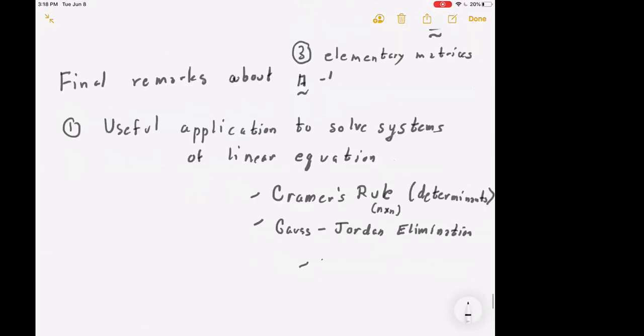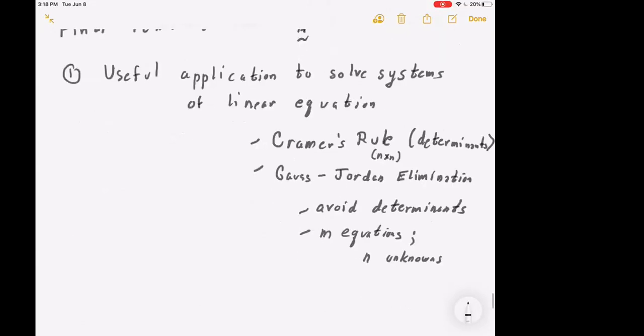Gauss-Jordan elimination has 2 saving graces. It allows you to avoid determinants, and it also works for systems where you have m equations but n unknowns. And that's a set of problems that you couldn't possibly solve using Cramer's rule.